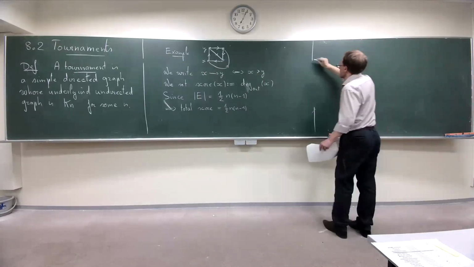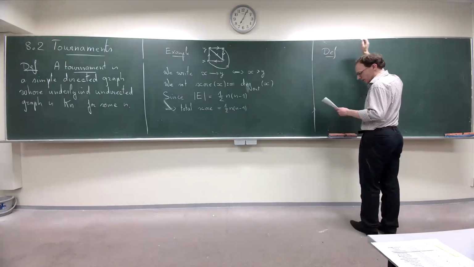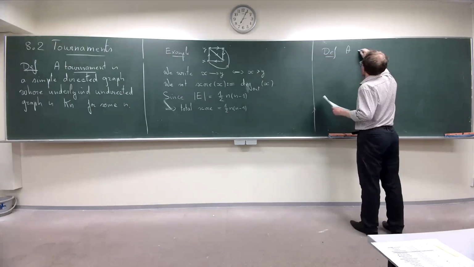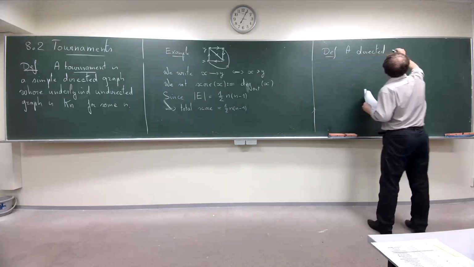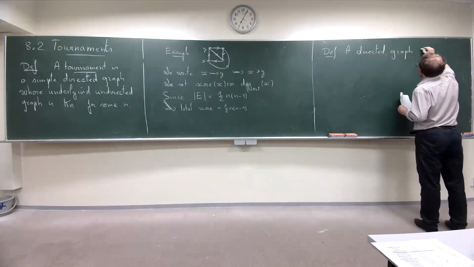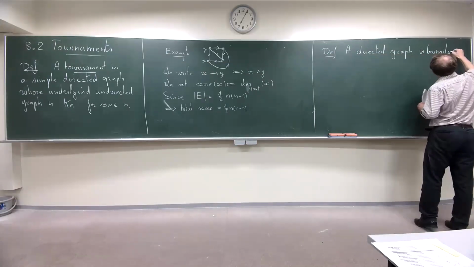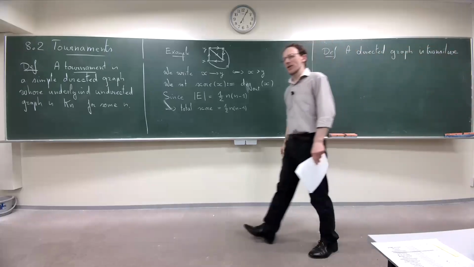One more definition, which is the simplest tournament. A directed graph, which is even more general than a tournament, is transitive. Do you remember this notion of transitive?